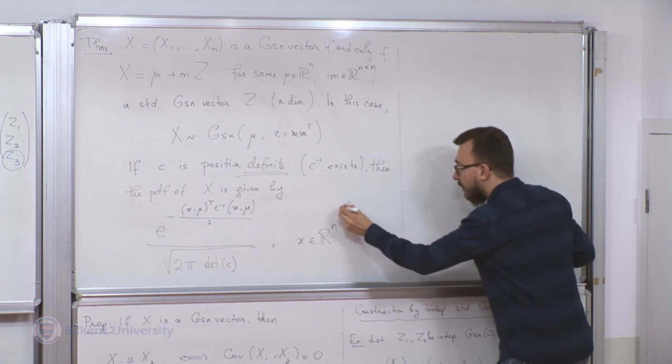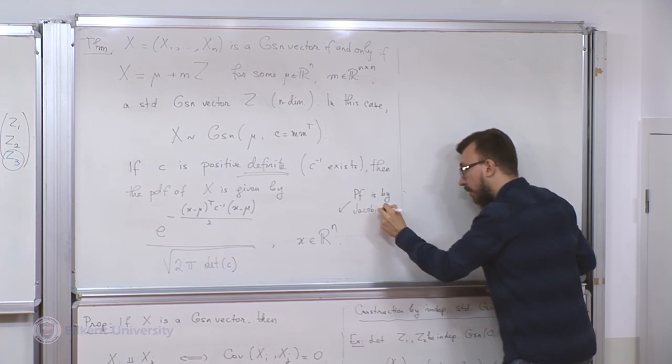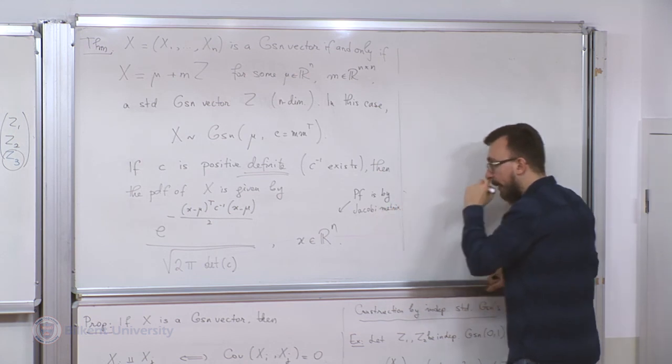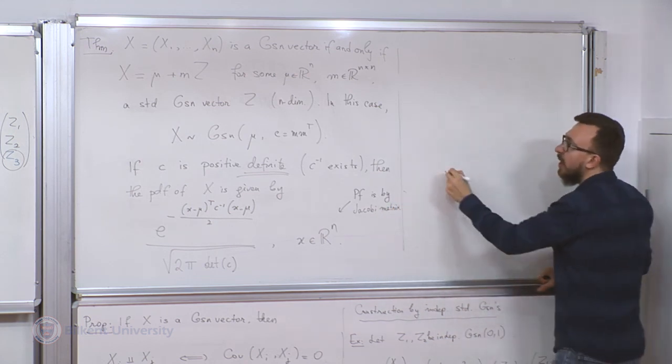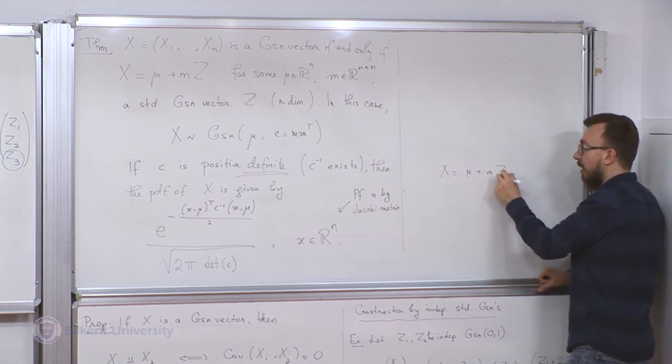So the proof of this formula is by Jacobians, the Jacobian matrix. Just use this definition, right?